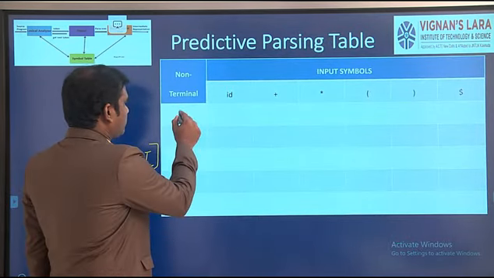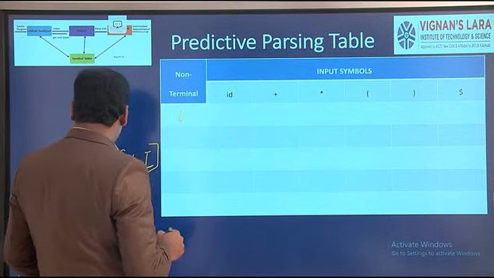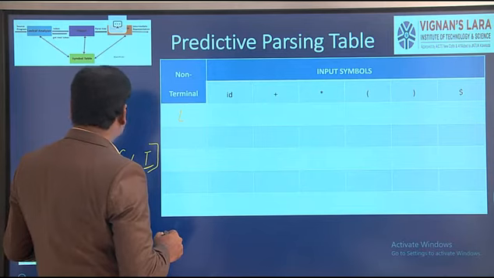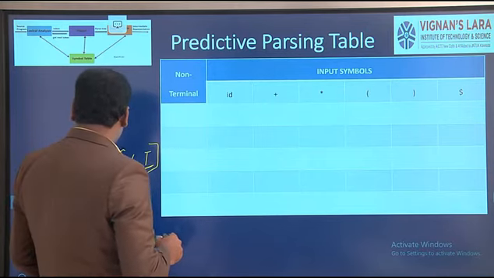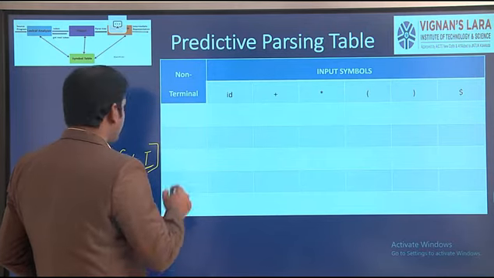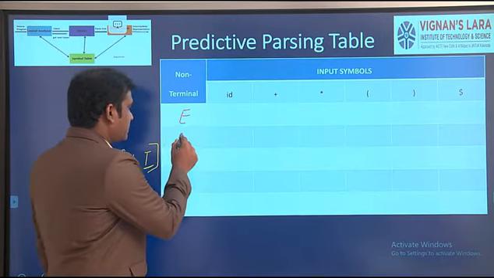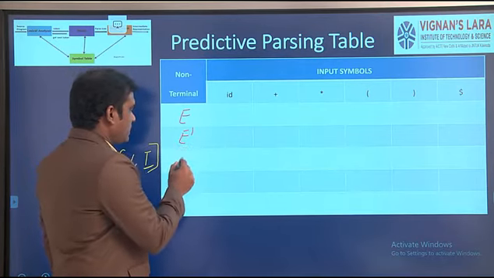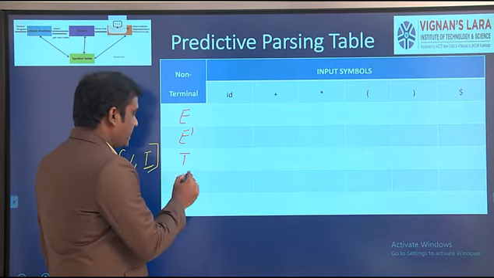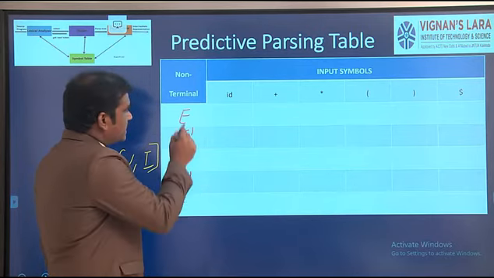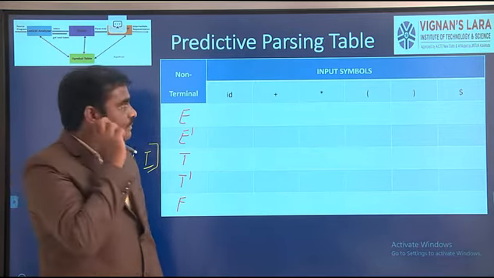The first one is E, the second non-terminal is E dash, then T, T dash, and then F. These are the non-terminal symbols.